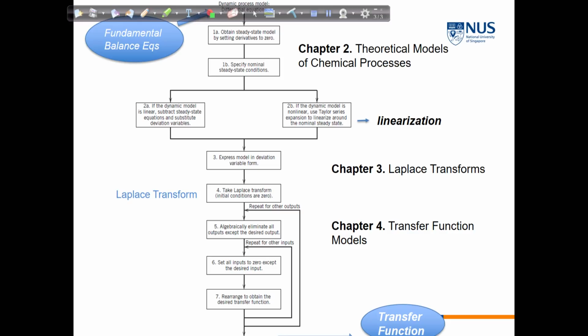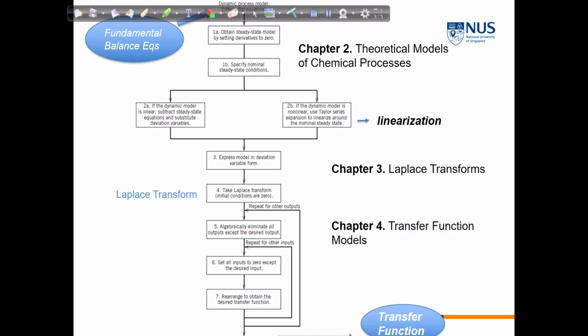Then the nominal steady state conditions are specified. If this dynamic model is linear, then the steady state equations can be directly used to get the deviation variables. But if the dynamic model is nonlinear, we then need this additional linearization step, using Taylor series expansion to linearize around the nominal steady state.